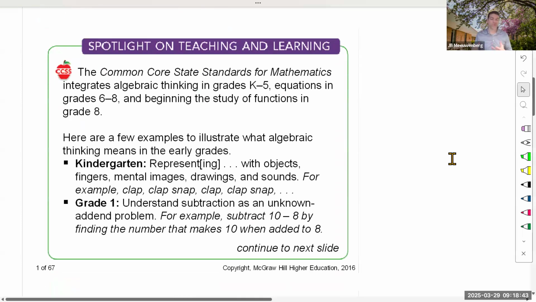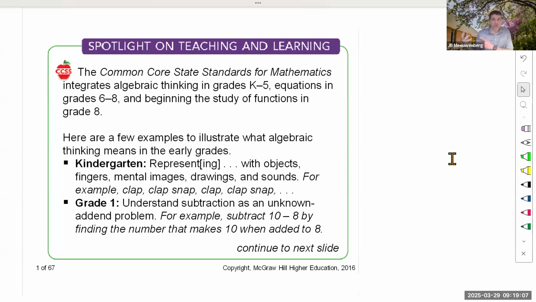So I mentioned a minute ago, why do we have to do this for teaching elementary students? Well, the thinking of algebra has to be developed before students learn formal algebra. Algebra isn't all just about X's and Y's and solving equations. It's about thinking a certain way.